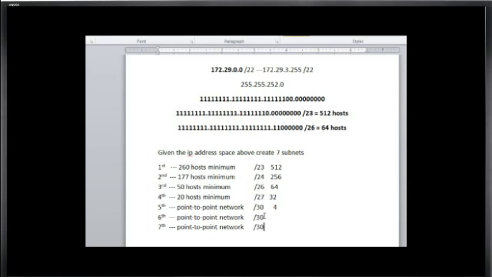Why is that? With /30, the magic number is 4, so there's going to be 4 hosts in each network. You need 1 host for the network number, 1 host for the broadcast number, and now you're left with 2 usable hosts. So now you know what the subnet mask is going to be for each one of your networks, and all you have to do is start at the top and subnet each one, and I'll show you that next.